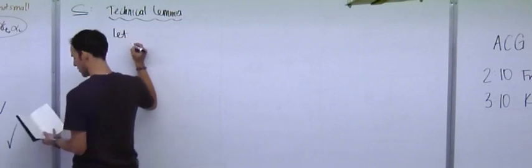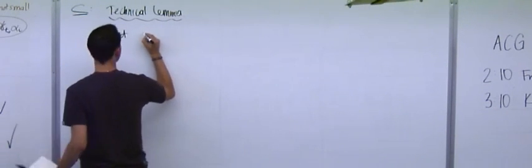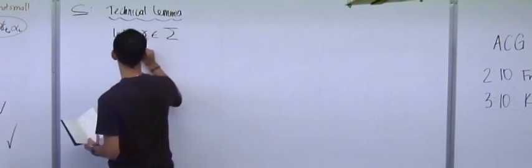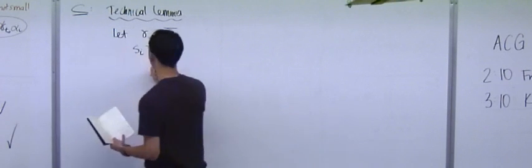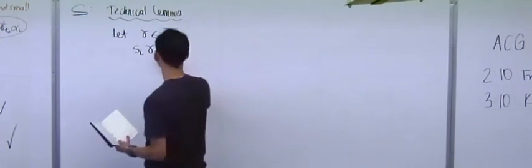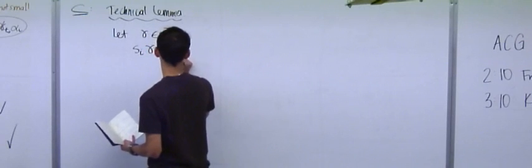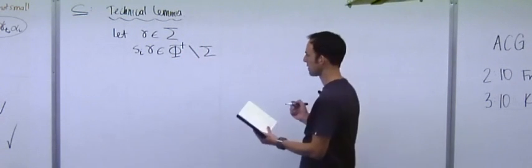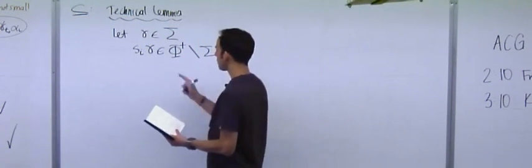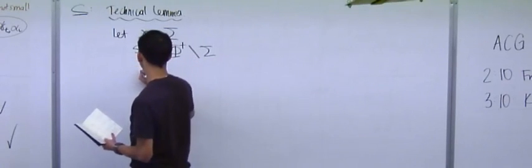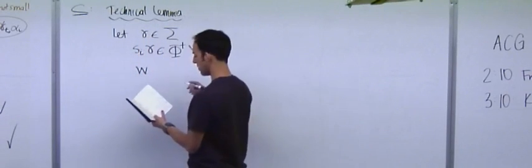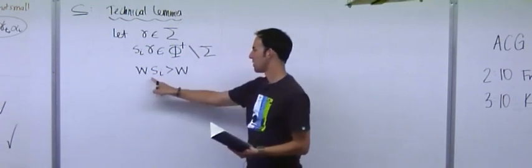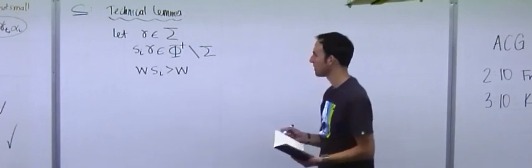Let's say that we take some root gamma which is small, and let's suppose that when we act on it by a generator Si, we get a positive root which is not small. And let's take some W such that WSi makes it longer. Okay?